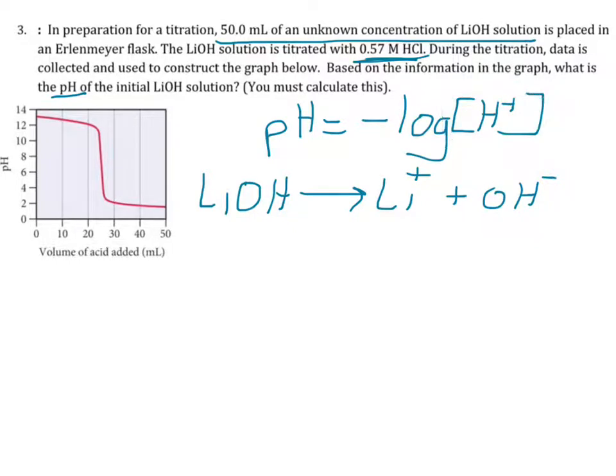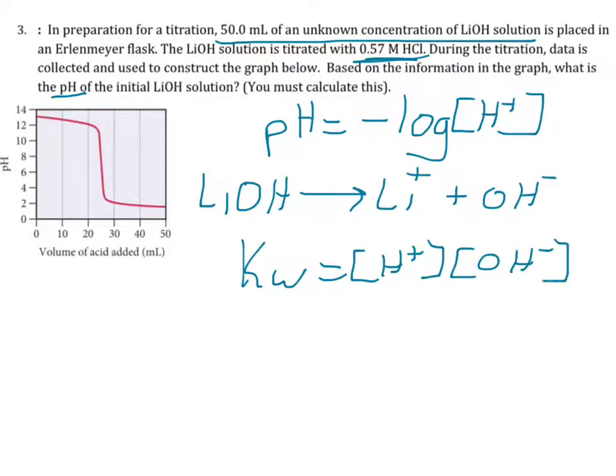And again, from a previous set of notes, if we can find somehow this, then we can calculate this using this equation here. Kw is equal to the concentration of the hydrogen ion multiplied by the concentration of the hydroxide ion. If we can somehow calculate this, we can figure out this. If we can figure out this, we can plug it into there.